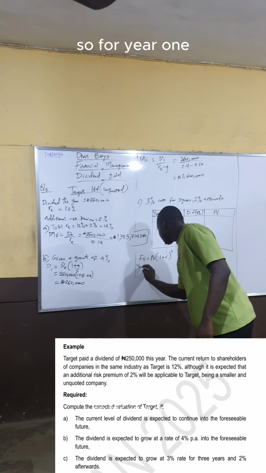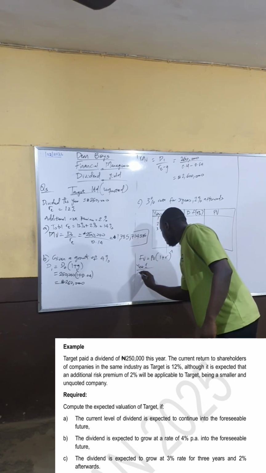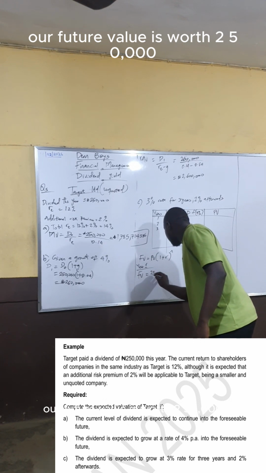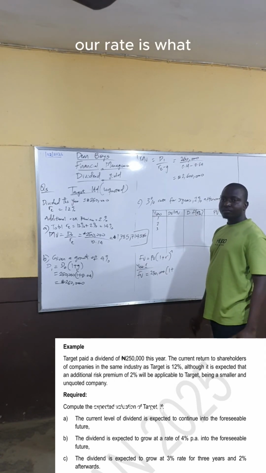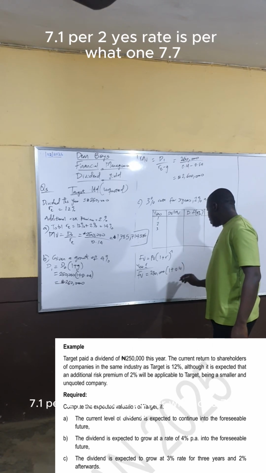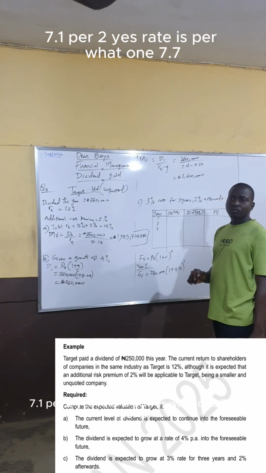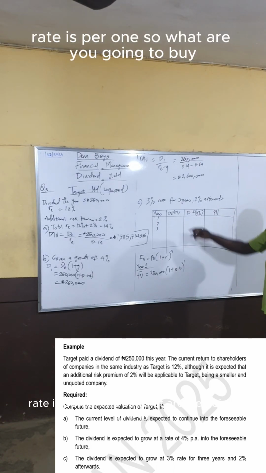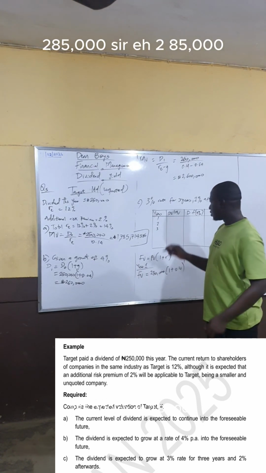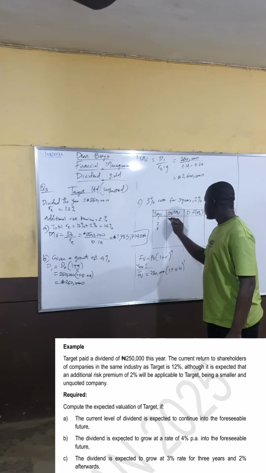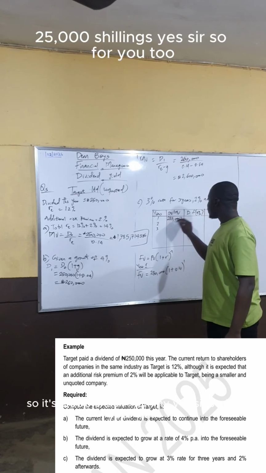So for year 1, our future value is 250,000 multiplied by 1 plus our rate, which is 0.14, raised to the power of 1. So what are we going to have? $285,000.